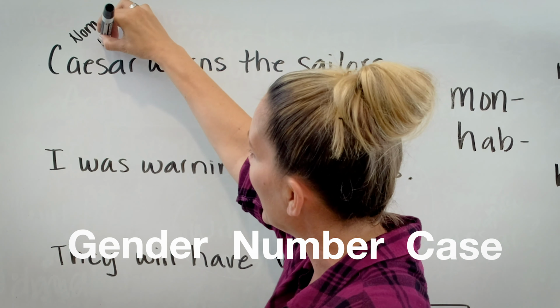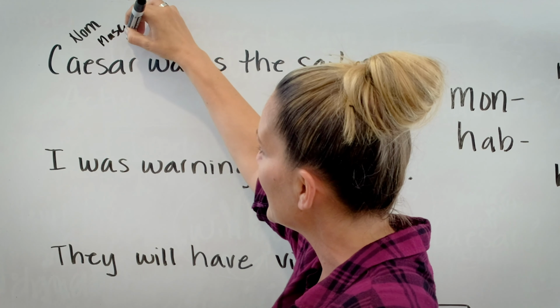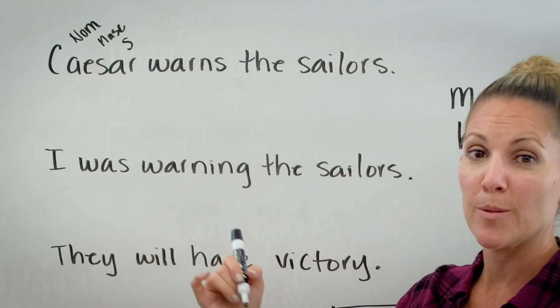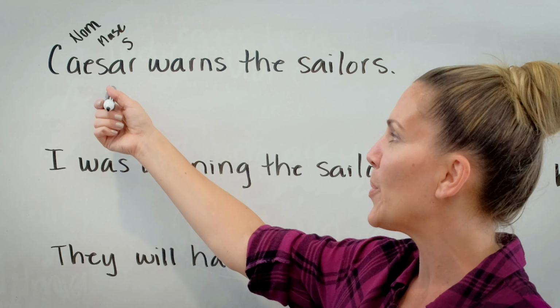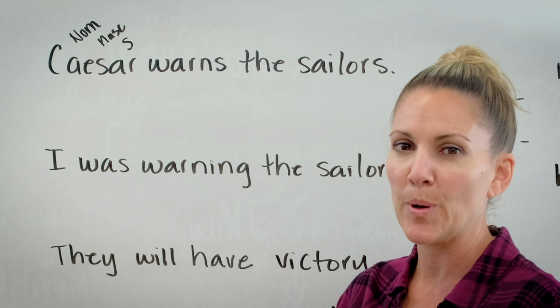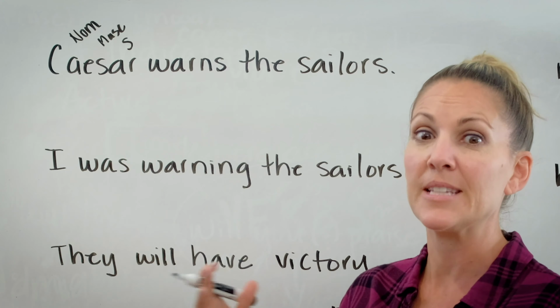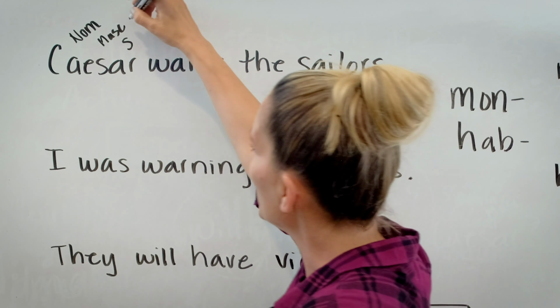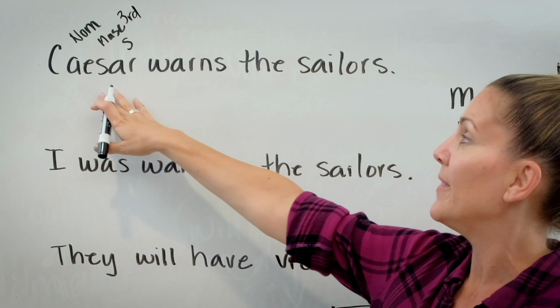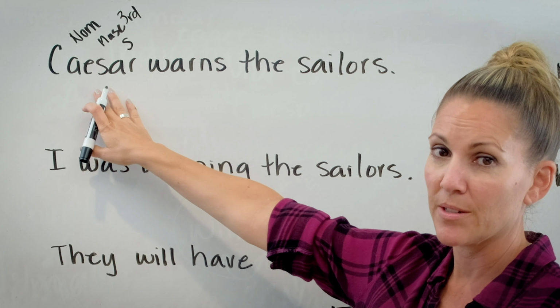Caesar is masculine and singular. Now let's add one more thing since we're starting to add verbs into the mix. What person is Caesar, the person performing the action? Is he first, second, or third person? Caesar is a he, she, or an it, so he is third person. Now I've determined that this is a third person singular subject.